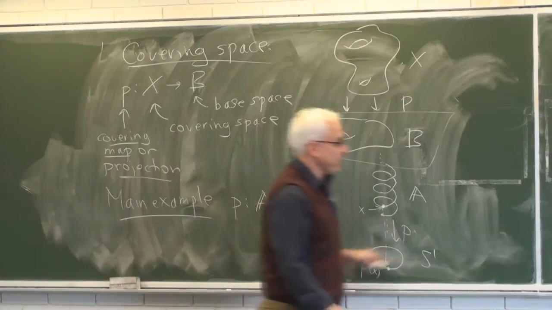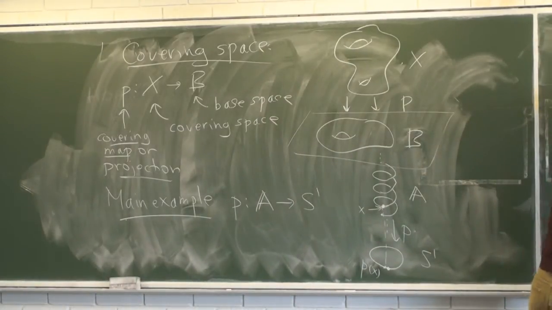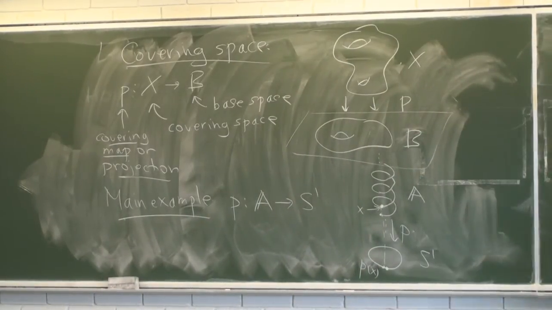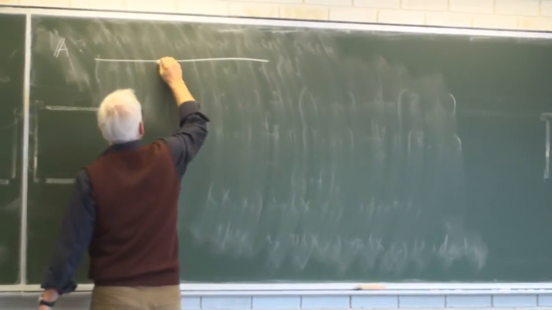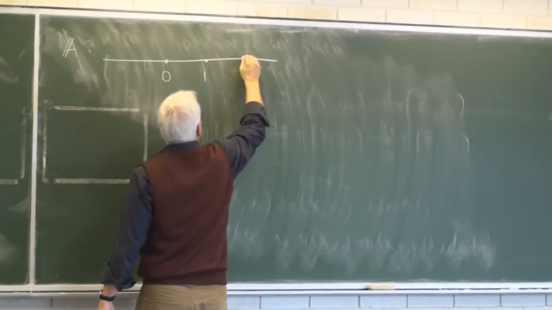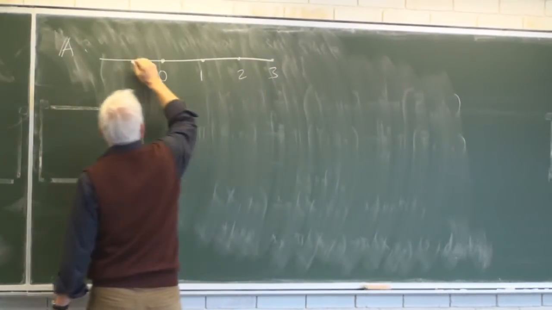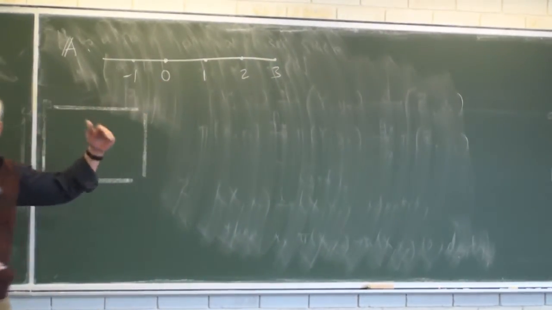Arithmetically, we can define this a little bit more precisely in the following way. So we'll think of R as being just our standard line, which for me usually means just the rational numbers.